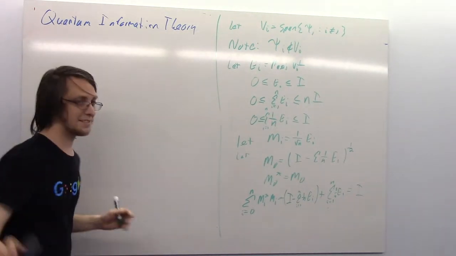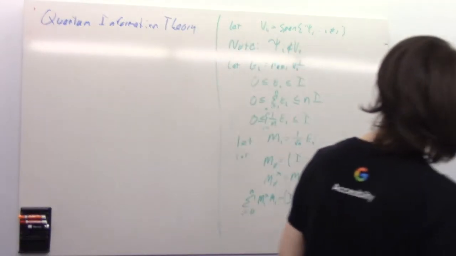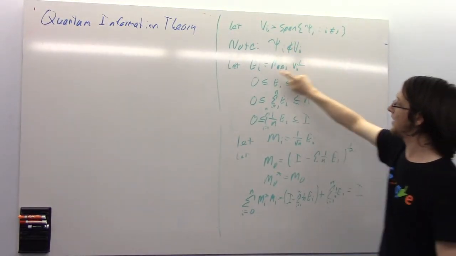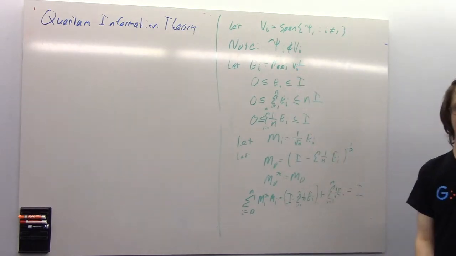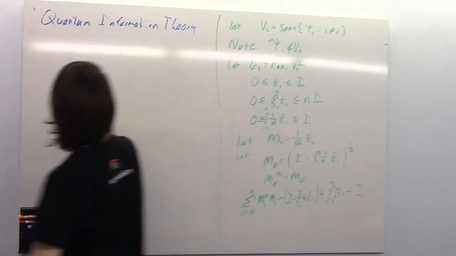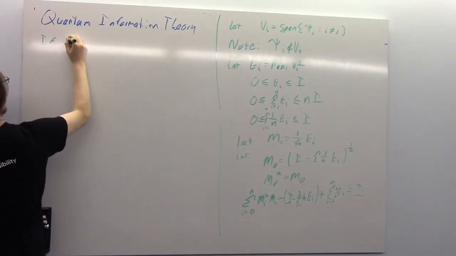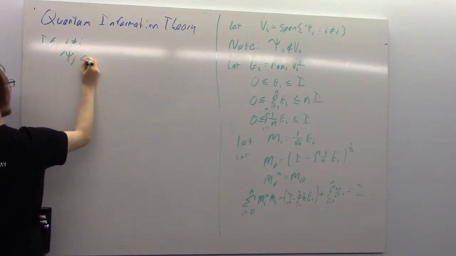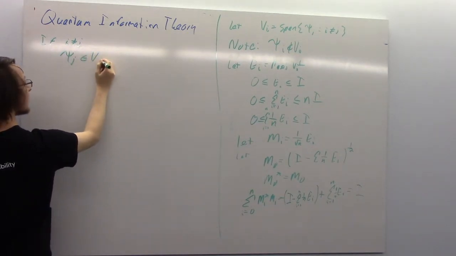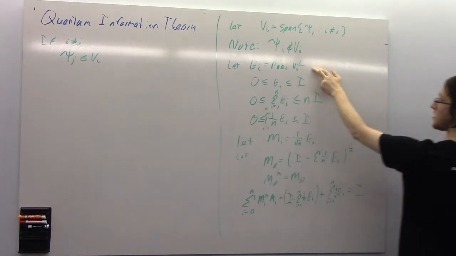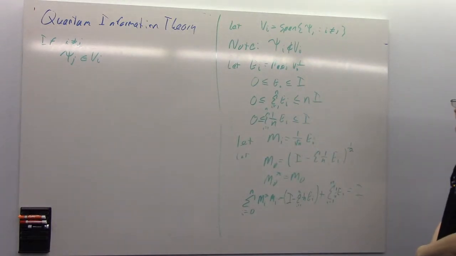Now remember what I said was the important fact. The fact that the Ci is not in Vi, and Ei is the projection of these Vi's. So, if I does not equal j, the Cj is an element of Vi, right? But I took the orthogonal projection of Vi to get Ei.